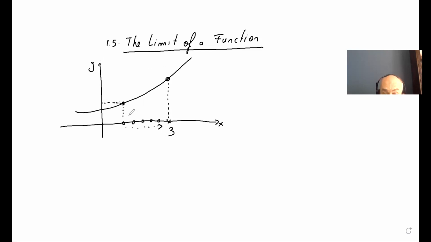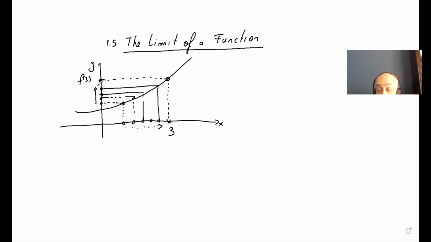So if you look at the values of this function on the y-axis, you can see that they get closer and closer to the value of my function at 3. So this is f of 3 over here. These values are getting closer and closer to the value at 3.